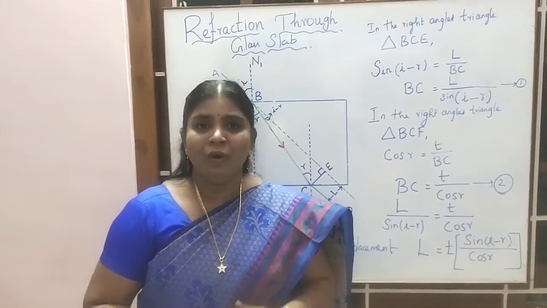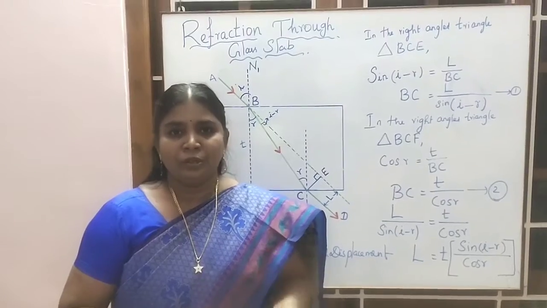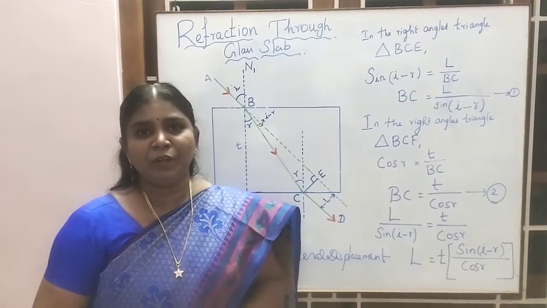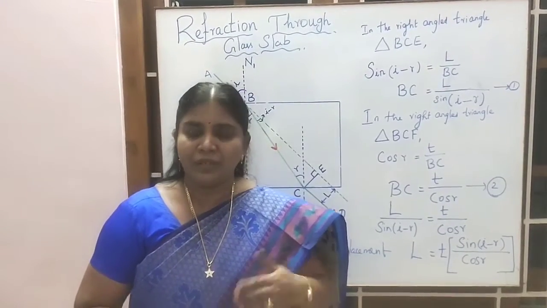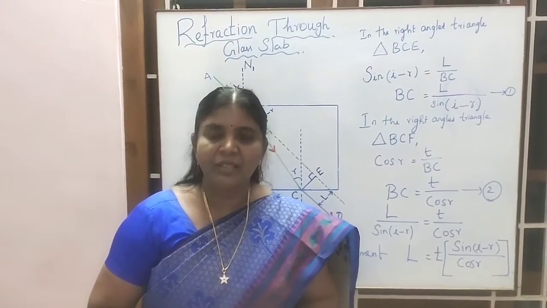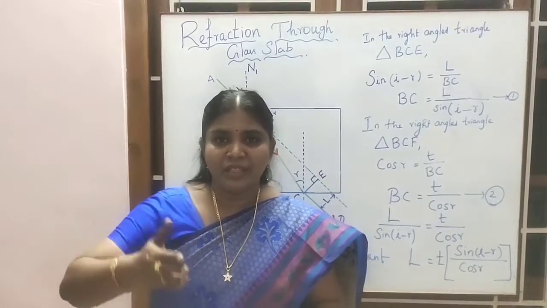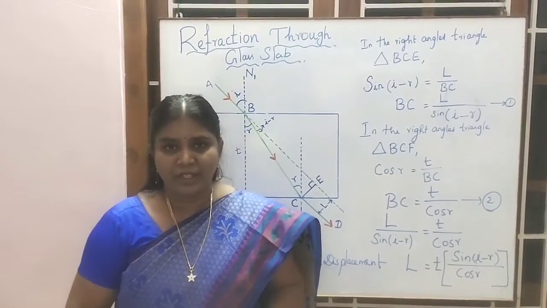As a result, since the speed is changing, refraction takes place. When it travels from one medium to another, there is a change in the direction of light waves. So refraction is nothing but the change in the direction of light waves when it travels from one medium to another medium obliquely.